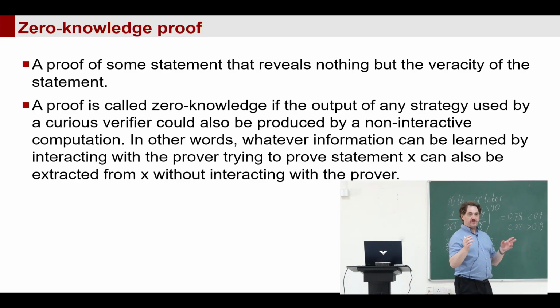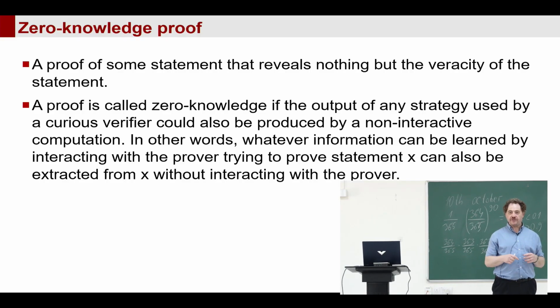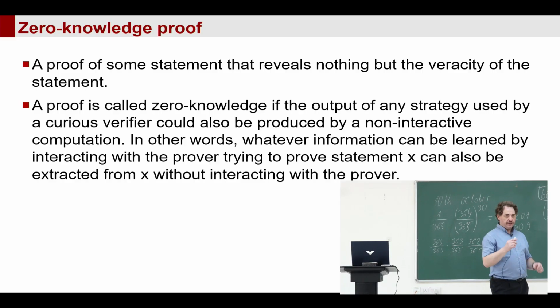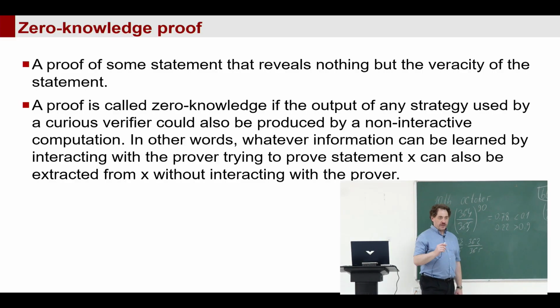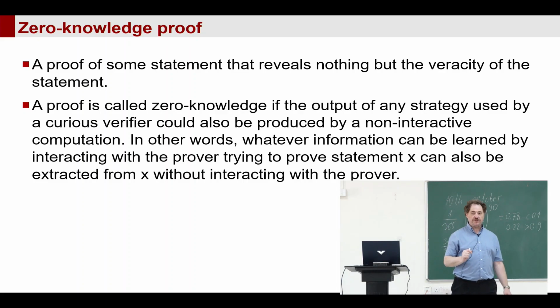Usually the first reaction is, is it even possible? How can I convince you that I have a secret without showing you that I have it? It's quite a surprising result. Yes, I can, due to one-way functions. What we are going to spend most time on in this lecture is examples of different zero knowledge proof systems.